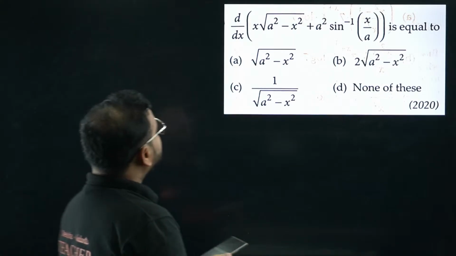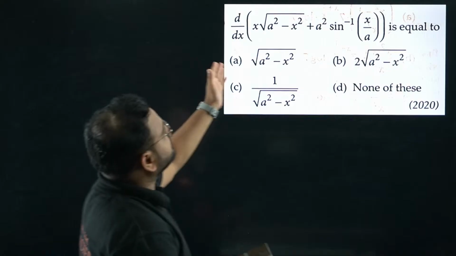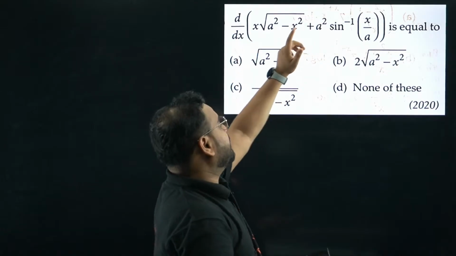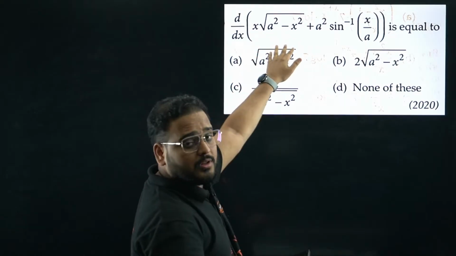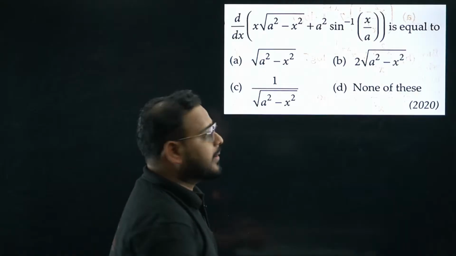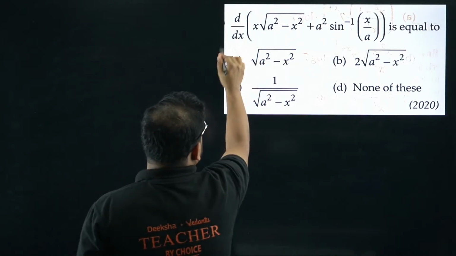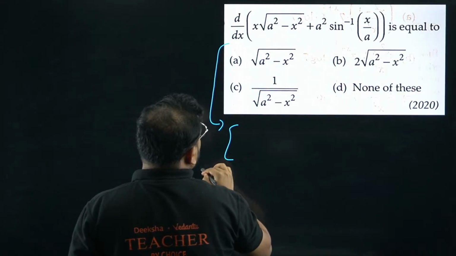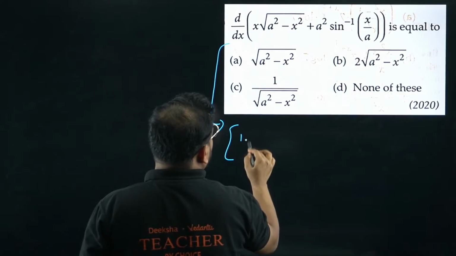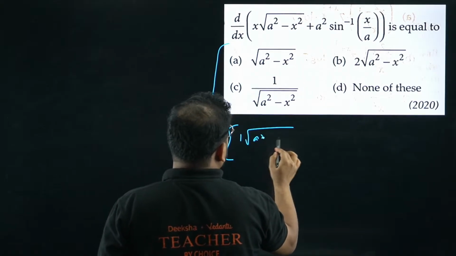Okay, so we have to differentiate this function. Over here we have polynomial form. We have to use, of course, the product rule here, and this side is sine inverse. Okay, so let's solve these problems first. Apply this. The derivative will become 1 times root of a square minus x square.